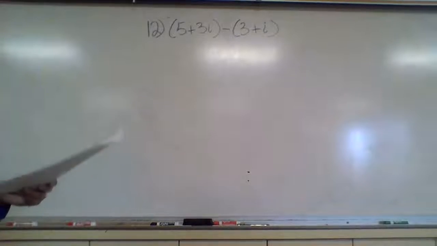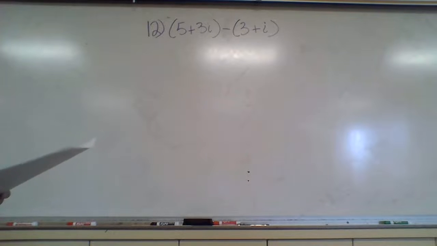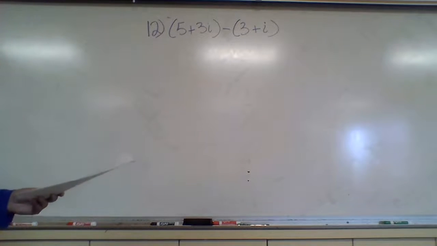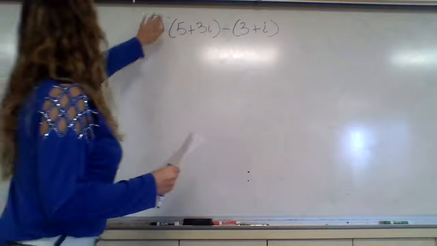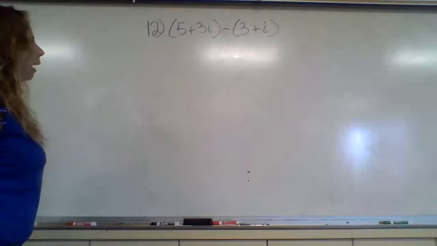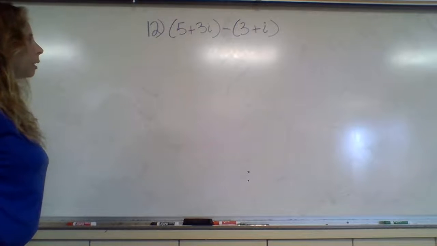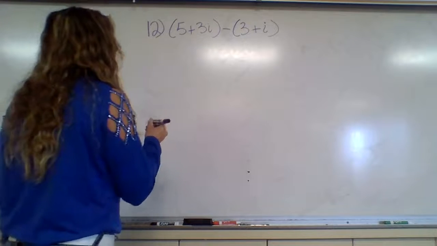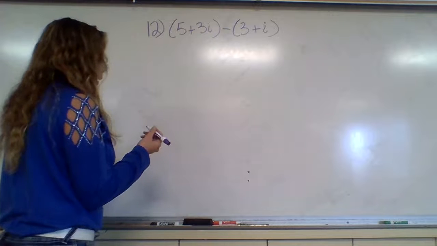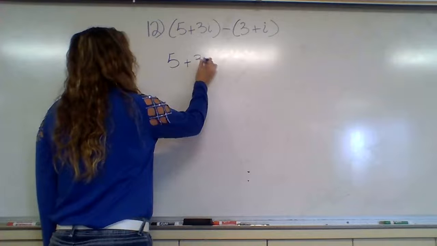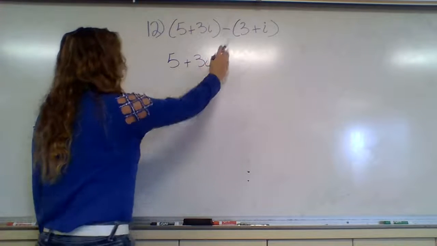Here is number 12. So we did examples of this type of problem in class today. I think both classes did 2 examples of this type of problem. 5 plus 3i minus 3 plus i. So you have 5 plus 3i, and then you're subtracting this.